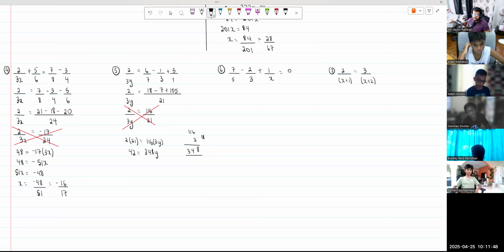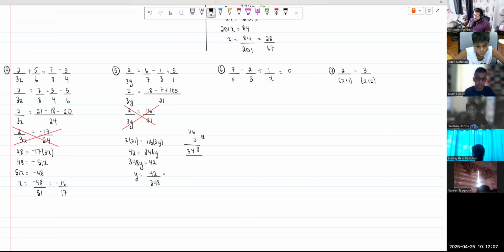If I have this, it's the exact same thing as saying 348y is equal to 42. Are you comfortable with that? Divide by 348. y is equal to 42 divided by 348.